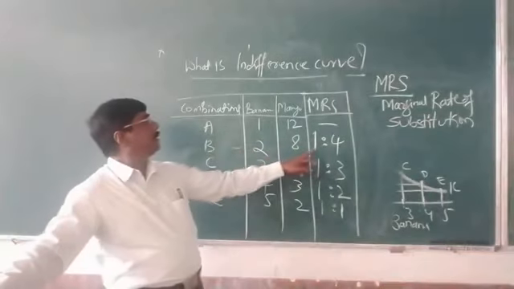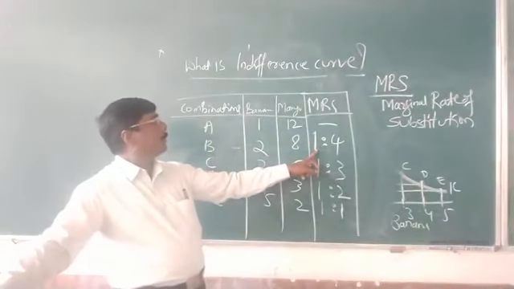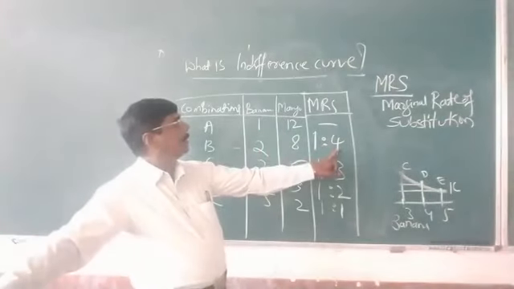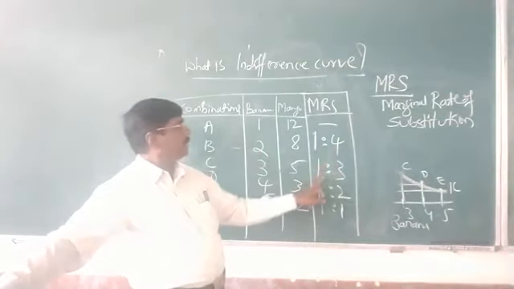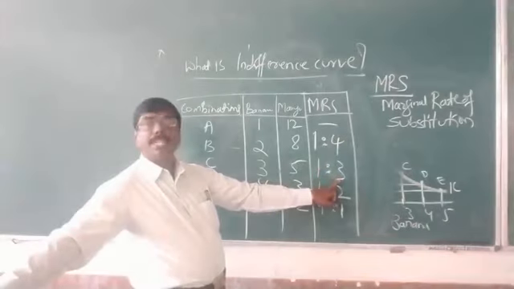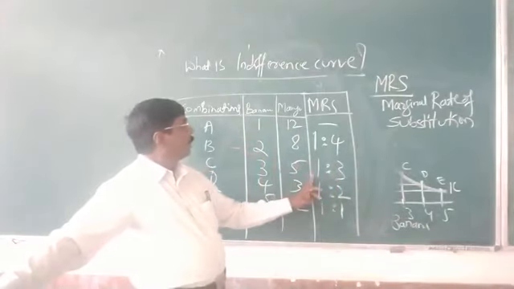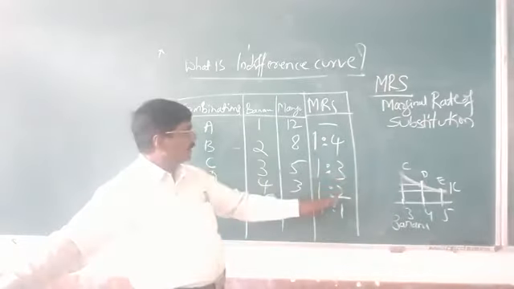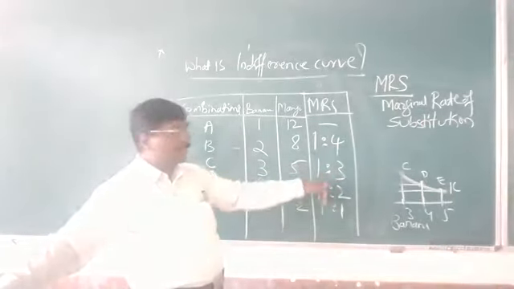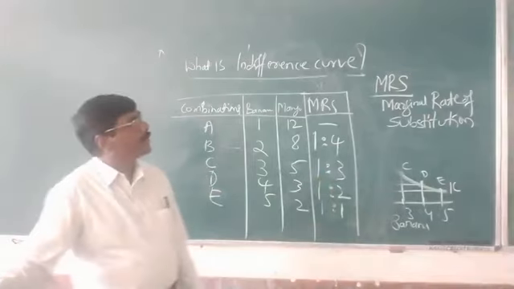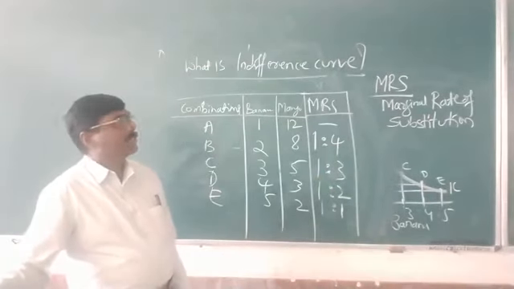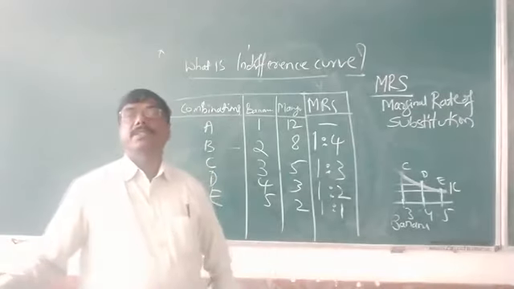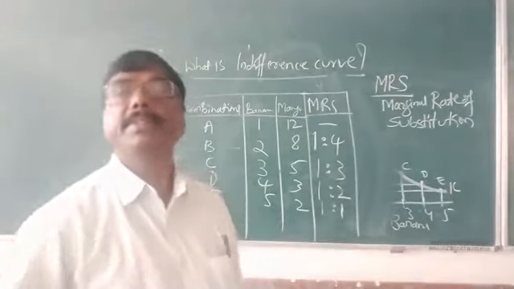Look at this, he is ready to give 1 unit of banana to get 4 mangoes. Here he is ready to sacrifice 1 banana to get 3 mangoes. Here the rate of sacrifice decreased. So this is known as marginal rate of substitution. Then the other concept I will explain to you next.